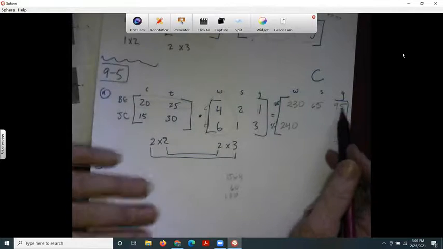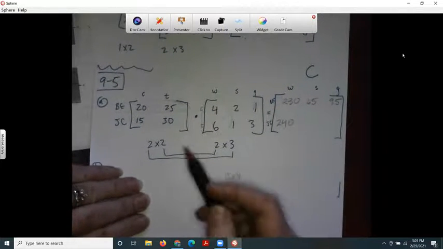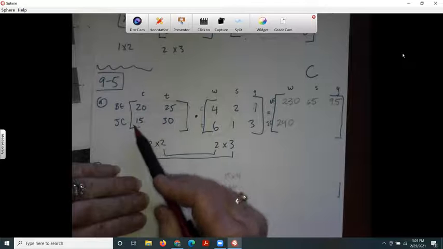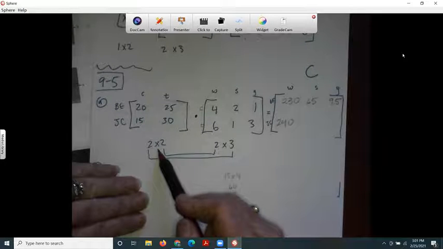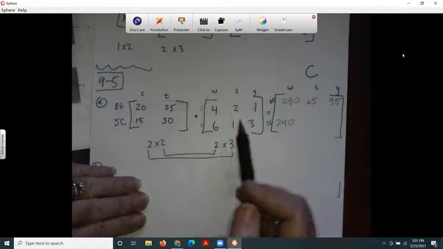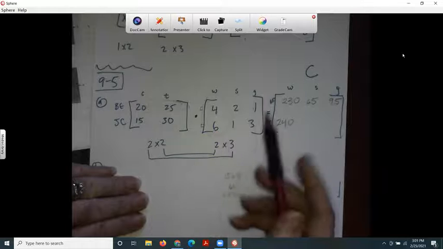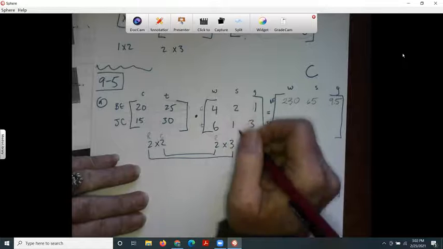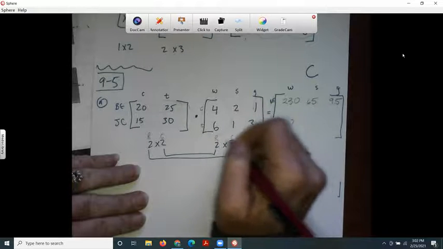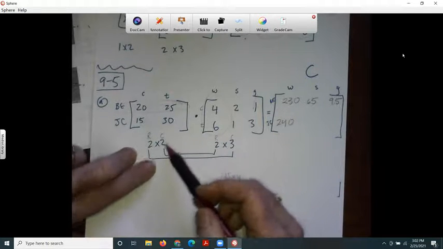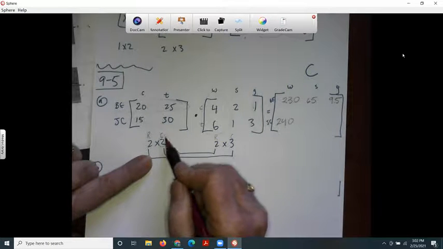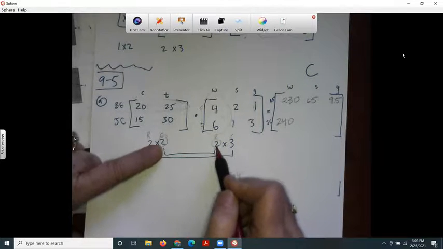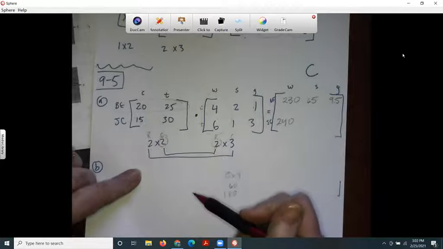The way I like to think of it is, I see that the dimensions are a 2 by 2 matrix, and this one is a 2 by 3. These are the rows, and these are the columns. If you can't remember what goes first, say race car. As long as these two inner numbers match, I'm able to multiply them together, and these two outer numbers give me the dimensions of the answer matrix.